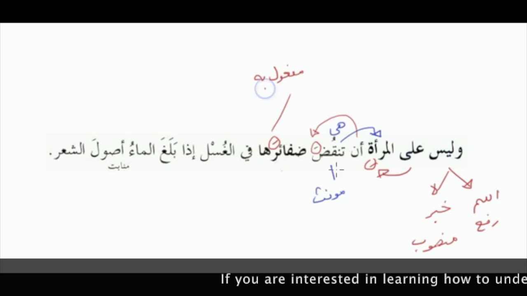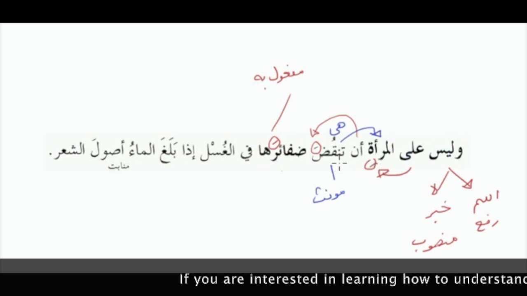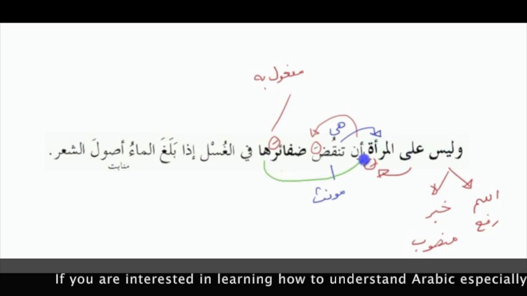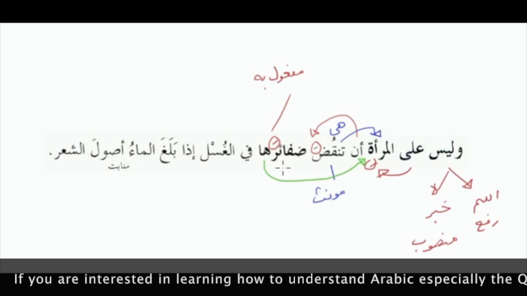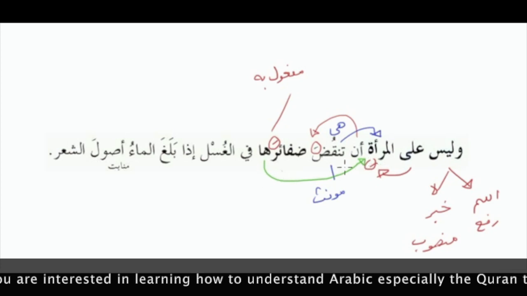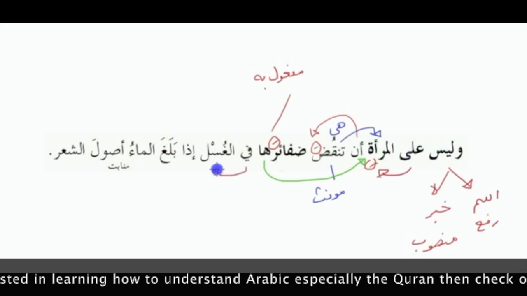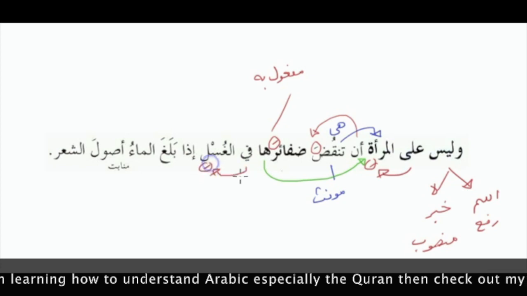In other words, what is being opened? What is the woman opening? Her plaits. So this ha goes back to mar'a, the pronoun goes back to the woman. Fi is harf al-jar, gives the ghusl kasra.